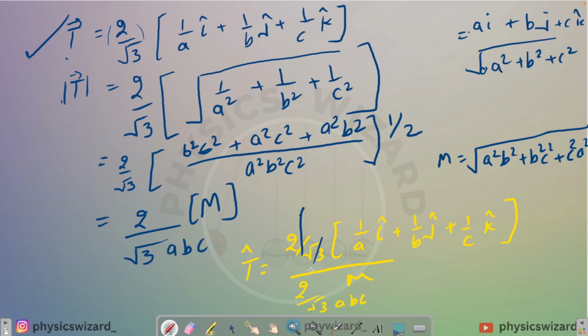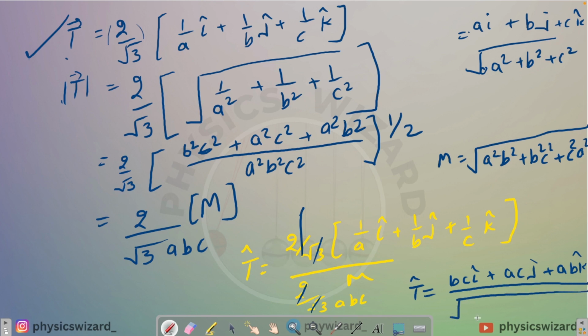So 2 by root 3 will get cancelled, abc will go upside, and when we multiply it inside, the unit vector t will be bc i cap plus ac j cap plus ab k cap divided by m, that is under root a square b square plus a square c square plus b square c square.